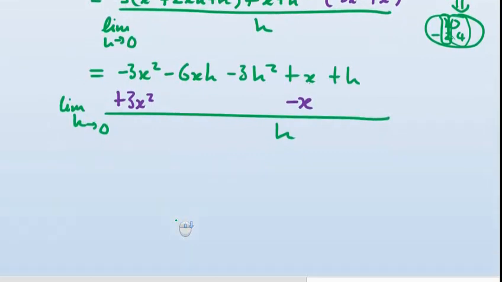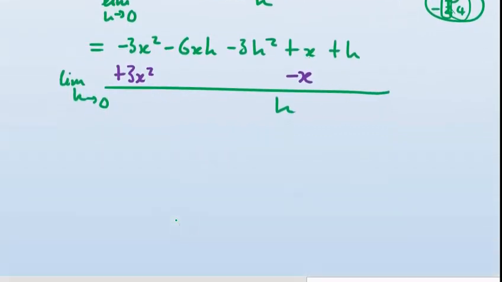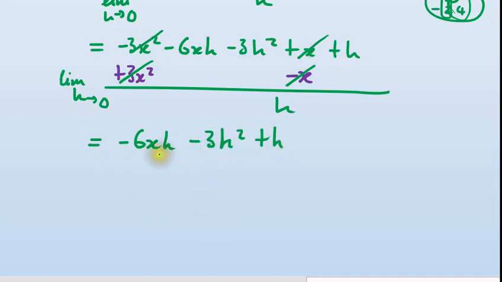Shall we go forward? Going forward, we get that this cancels that. Oh, that's 0 right there. This cancels that because that's a 0 again right there. We're adding them really. And that means we're going to end up with negative 6xh minus 3h squared plus h, all this divided by our h, of which the limit is h goes to 0.